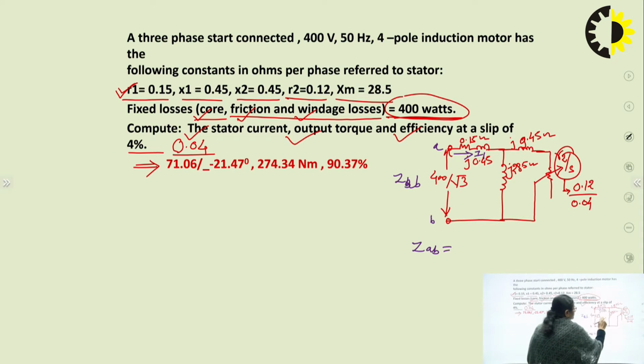is the equivalent of this. So what I have in the stator is 0.15 plus j0.45. I hope you agree. Plus the parallel combination of these two branches. One branch is this, second branch is this, right? So parallel combination of these two branches.